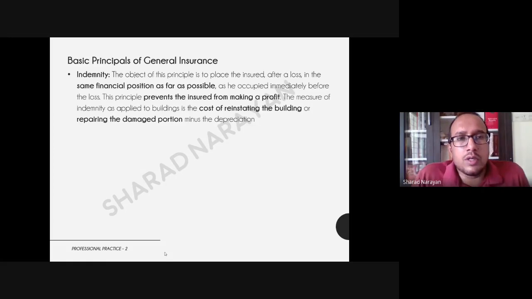So indemnity stops people from getting away with willfully letting buildings go to disrepair.